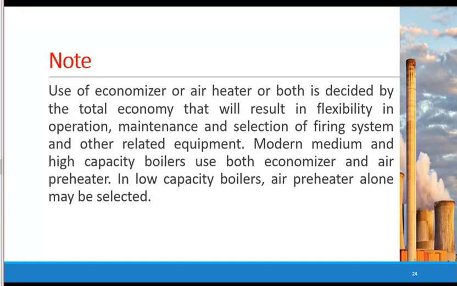So both can be used, or any one of the two can be used. Or maybe if a small scale boiler is used, it is not necessary at all to use any one of them, but it definitely increases the efficiency. So if it is available, it will be quite better. And if both of them are available, it will be far better.